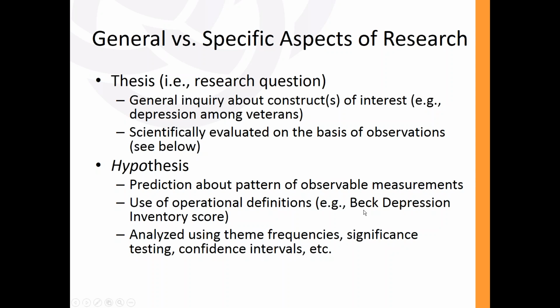Then in the hypothesis, you want to talk about the Beck Depression Inventory, for example. This is a validated measure of depression that's used throughout the scientific community to get a measure of depression. So we're no longer talking about depression. We're talking about a specific operational definition of depression that we're going to use. And that clarifies things because now we can observe depression directly, so to speak.